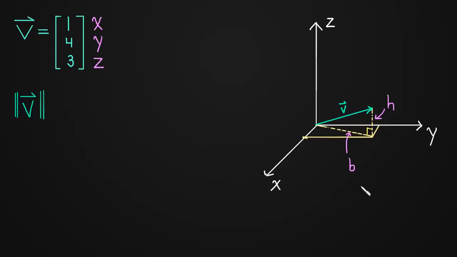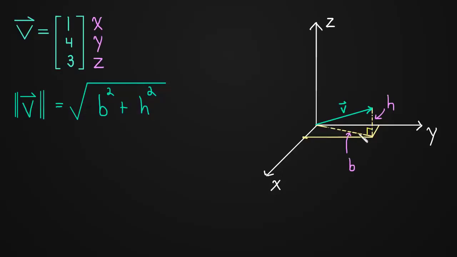Knowing that, we can just apply the Pythagorean theorem. The length of v is simply the square root of the base of that triangle squared plus the height of the triangle squared. So now all we have to do is figure out what is the base and what is the height of that triangle.